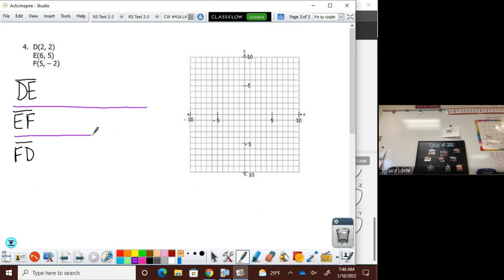And now we're going to do this using the distance formula. We're going to prove whether or not it's a right triangle. So we're going to find all three of the distances. So I want you to do that now. Find the distances of these three sides.